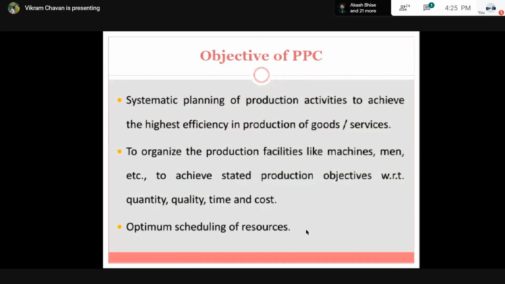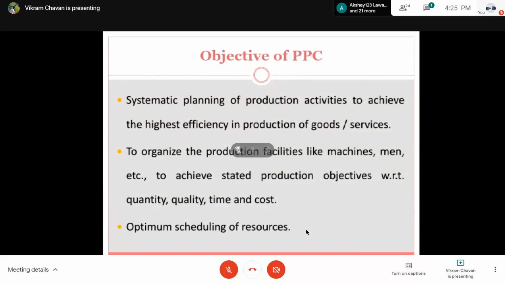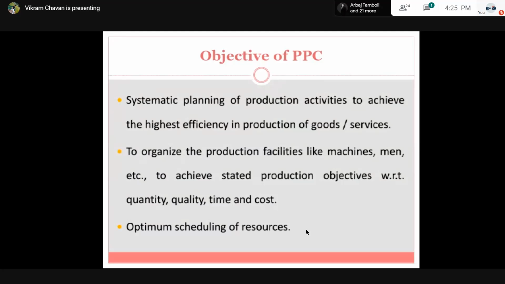Then next is to organize the production facilities like machine, men, etc. to achieve the stated production objectives with respect to quantity, quality, time, and cost. In the need also, we have discussed this point: to achieve the production objective with respect to quality, quantity, cost, and timely delivery of the product, production planning and control plays a very important role.